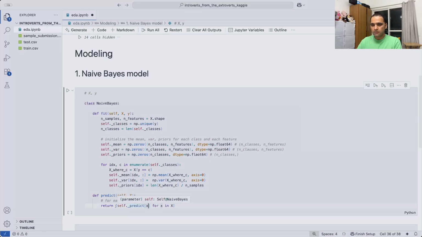So this will become an array of the number of samples that are present in X.